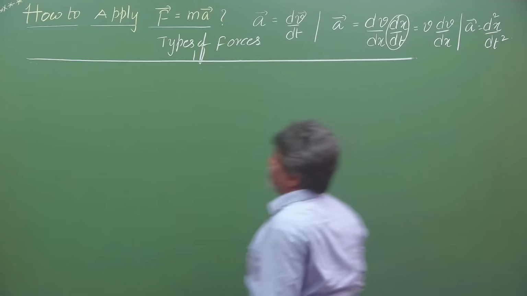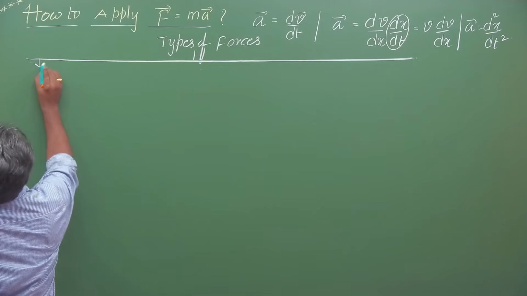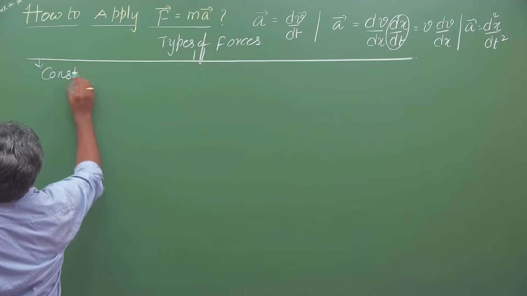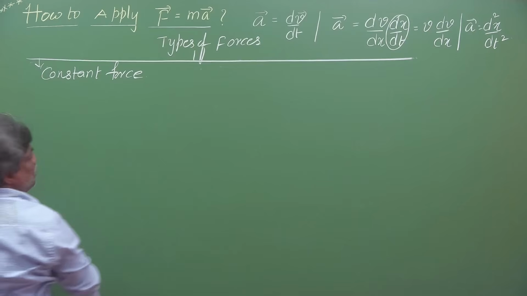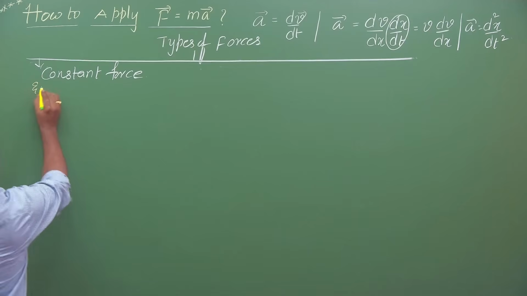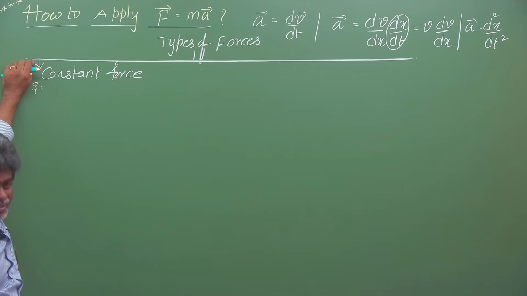Okay. The first one, constant force. Can you give one example for constant force? If you are not giving any direction to your brain, it won't give you the answer.